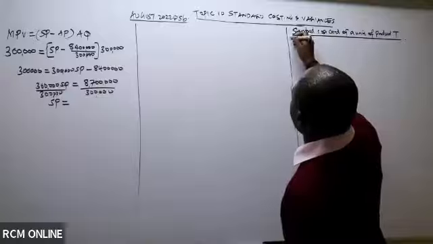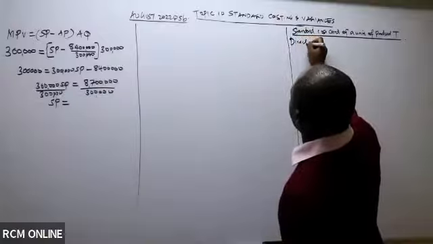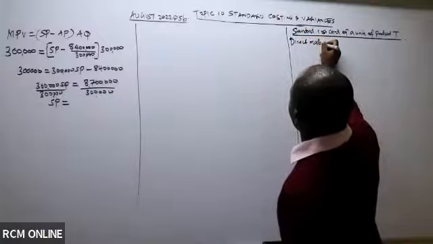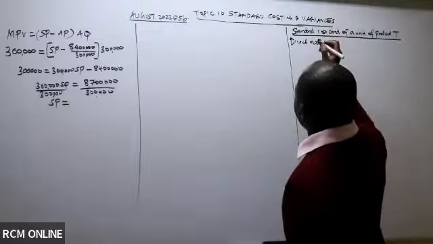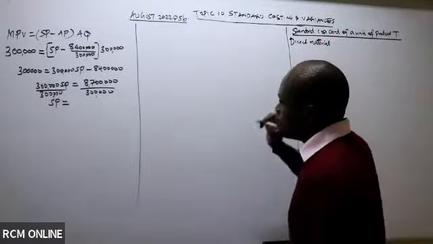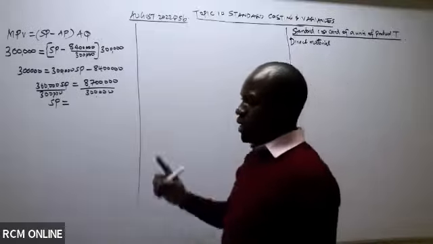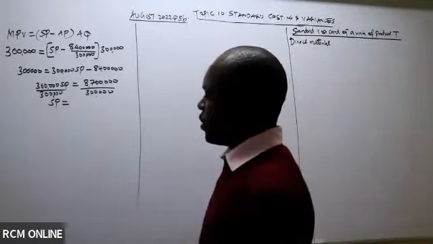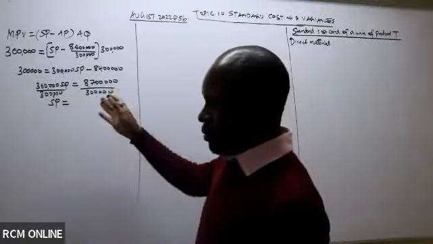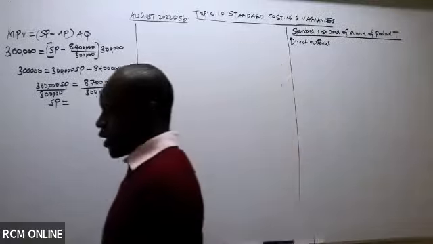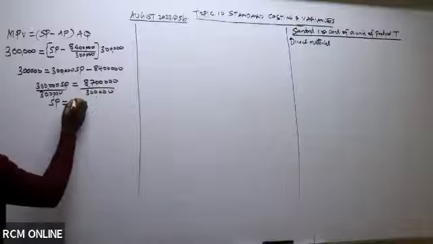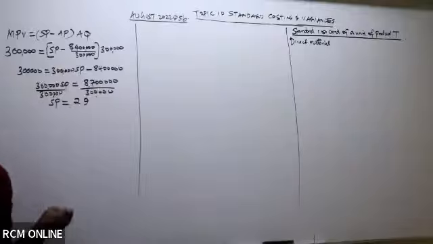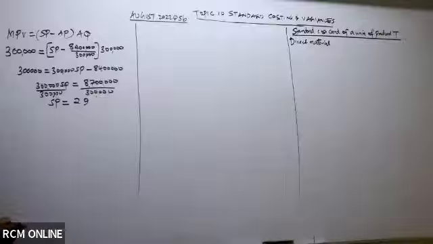It was direct material. How many kgs do we need to produce 1 unit of T? We still don't have the standard quantity per unit, but we already have the standard price. So what are you getting? 29. Good.